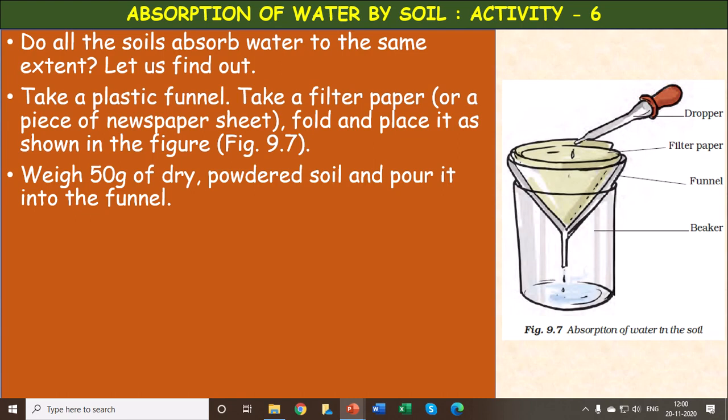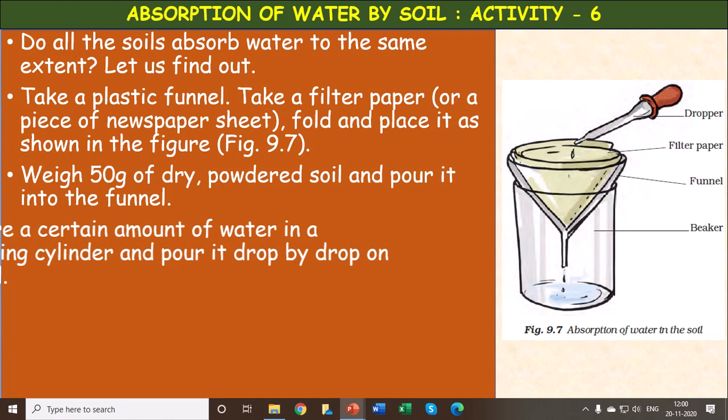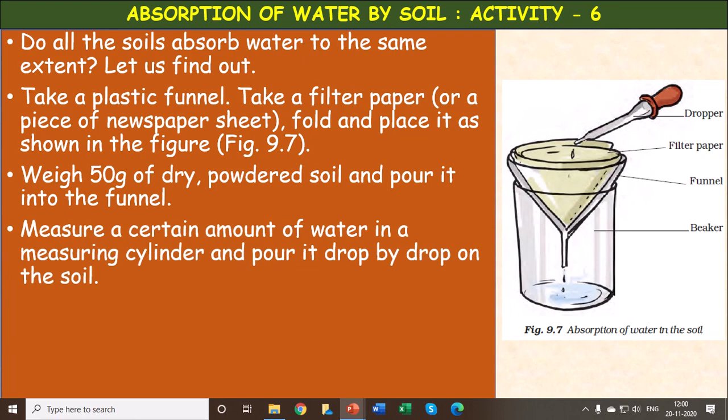Now weigh 50 grams of dry powdered soil and pour it into the funnel. In your laboratory, in order to weigh these small quantities, an analytical balance will be there. With the help of that analytical balance, weigh 50 grams of dry powdered soil and pour it into the funnel. Now measure a certain amount of water in a measuring cylinder.